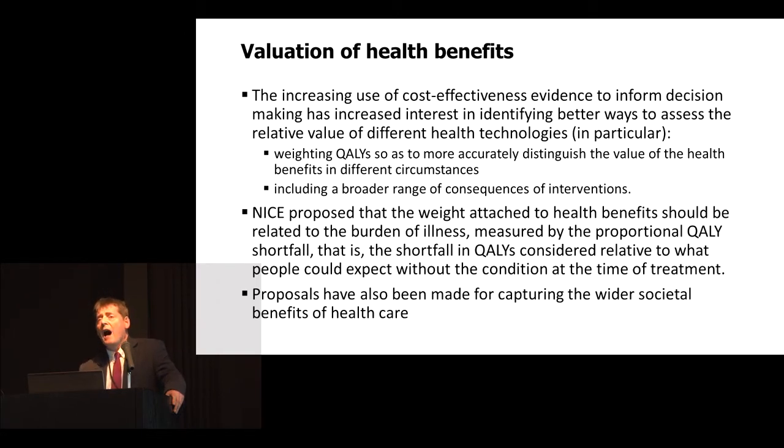So if you're losing half the QALYs that other individuals will experience, that would indicate quite a serious condition. On the other hand, if you're losing a 20th of the QALYs that other people would benefit from, that's a much less important condition, and the QALY gain could then be weighted less highly.